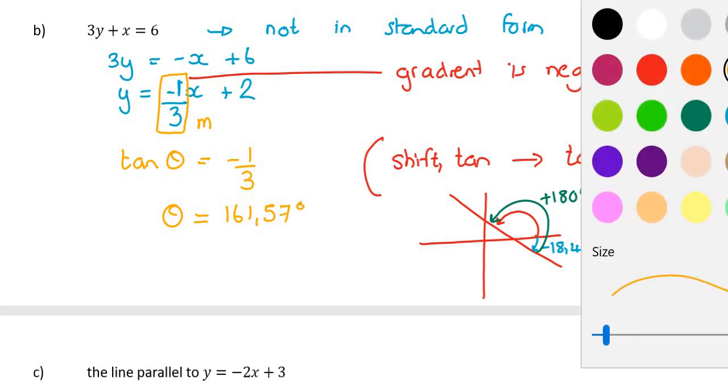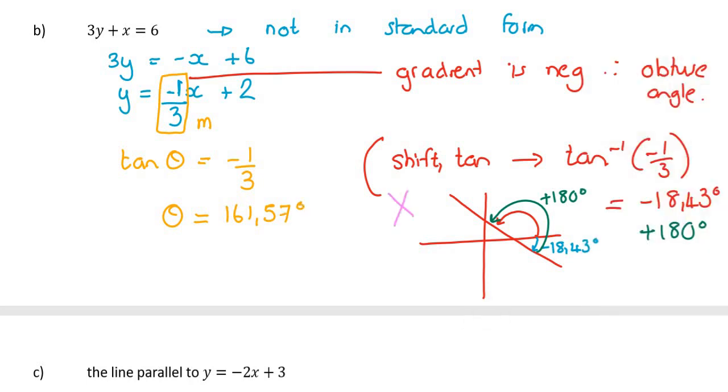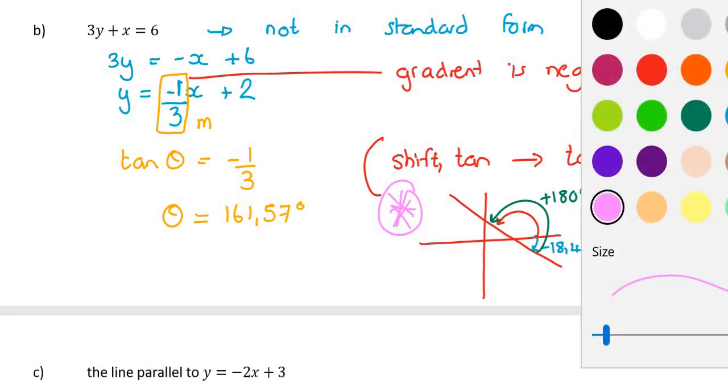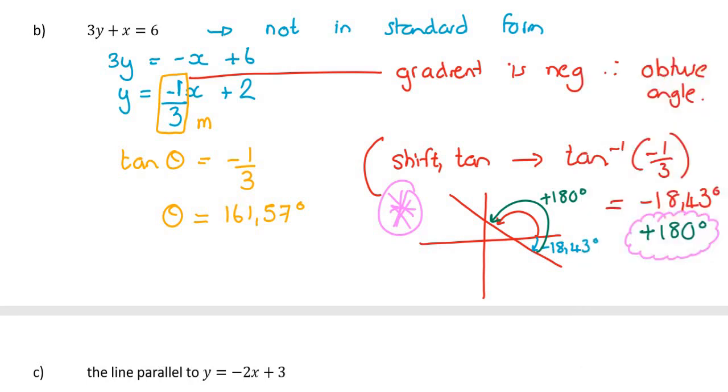So please put a very big asterisk next to this. This is really, really important. If you get a negative answer for the angle, you just have to remember, oh gosh, it's working out the wrong solution. How do I get the other solution? I add 180. So I'm just going to write myself a note because this is the only thing that's complicated about angles of inclination.